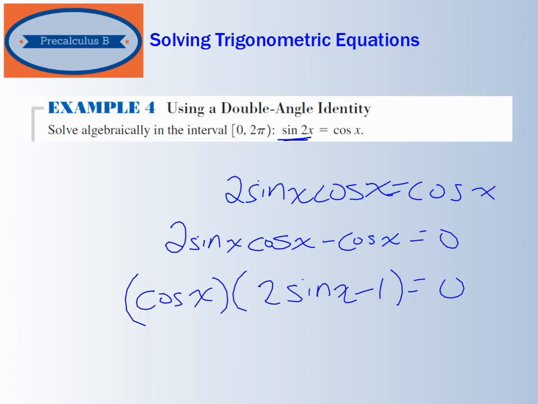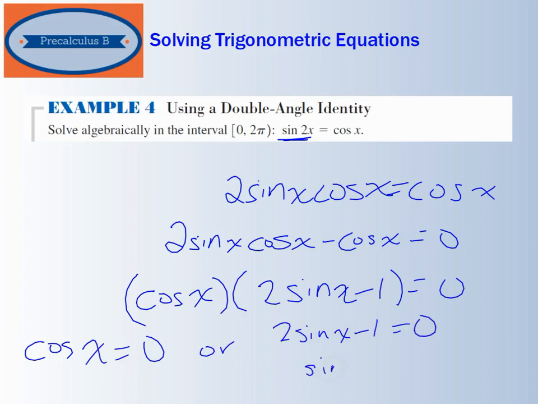Cosine x times (2 sine x minus 1) equals 0. So it's when cosine x equals 0, or, the other interesting one, 2 sine x minus 1 equals 0, or sine x equals 1/2. So where does that occur?